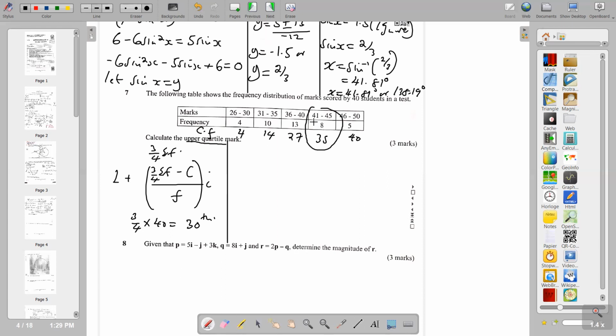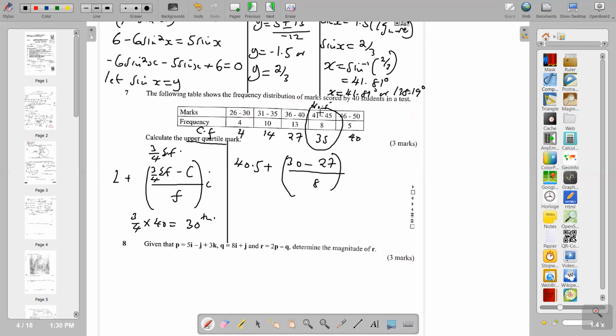Now the lower class boundary of where the 30th student lies will be 40.5. So that will be 40.5 plus 30 minus 27 over the frequency of where the 30th student lies, that is 8. You multiply by the class width of where the 30th student lies.